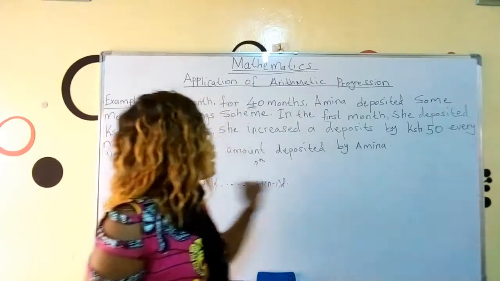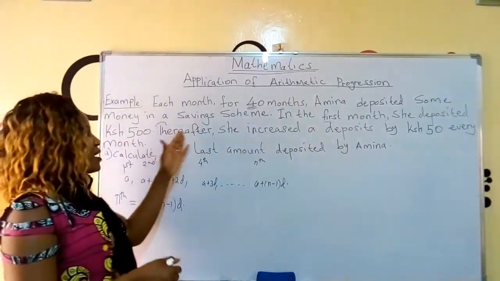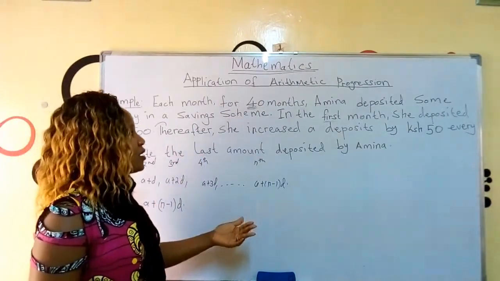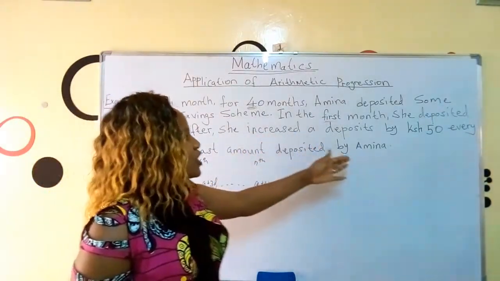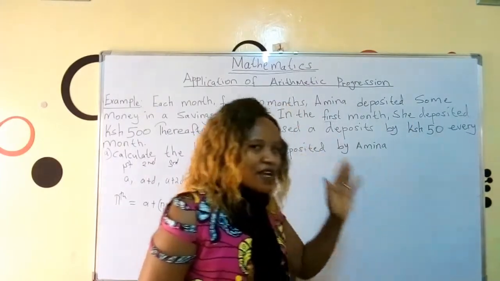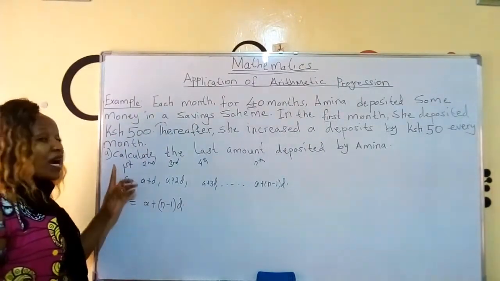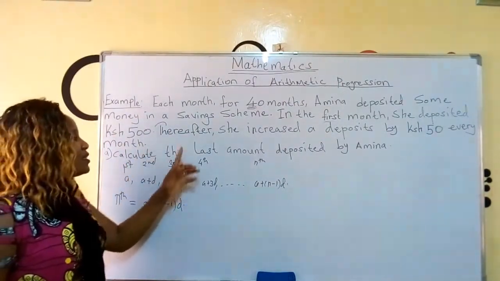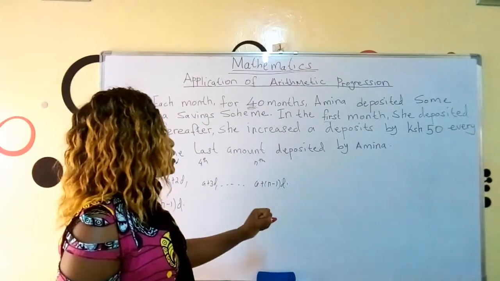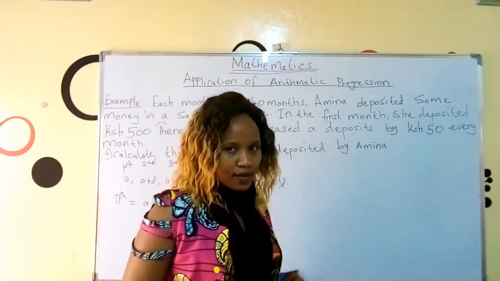She deposited 500 shillings, and thereafter she increased her deposit by 50 shillings every month. We are now asked to calculate the last amount deposited by Amina.